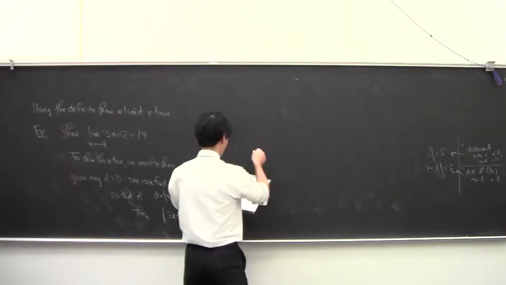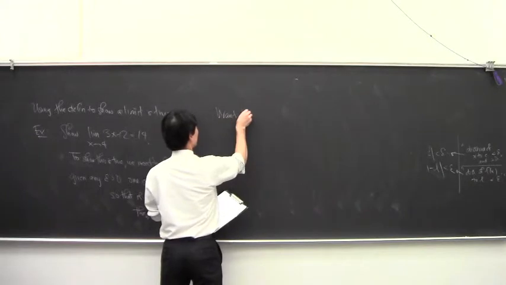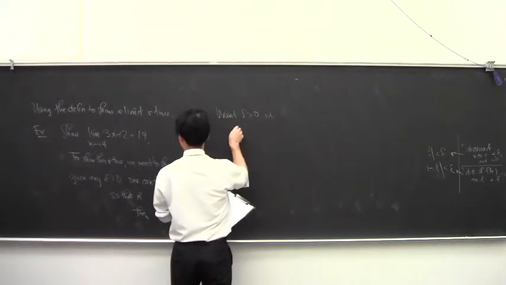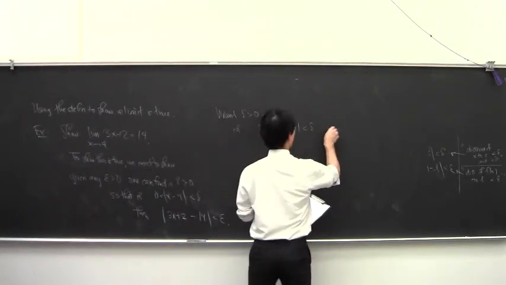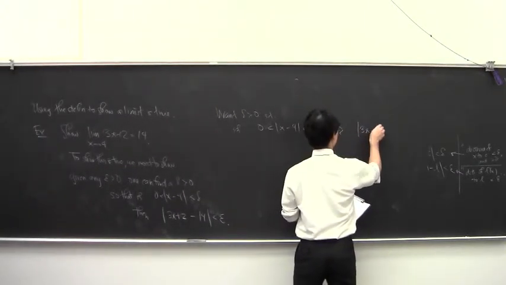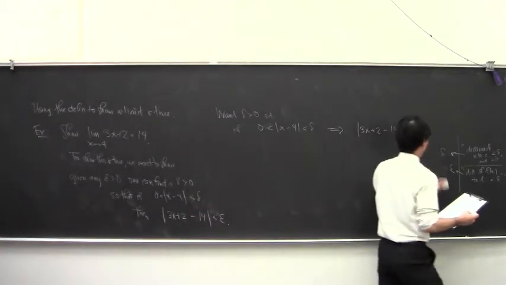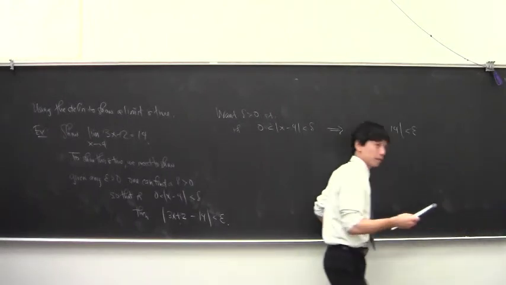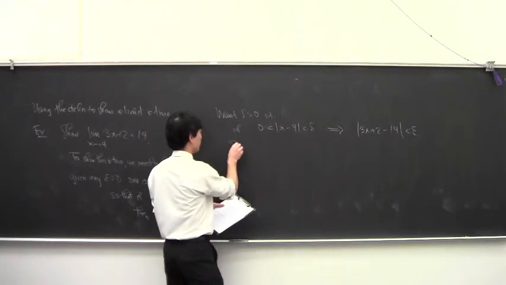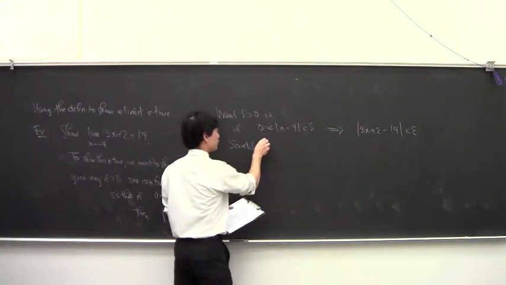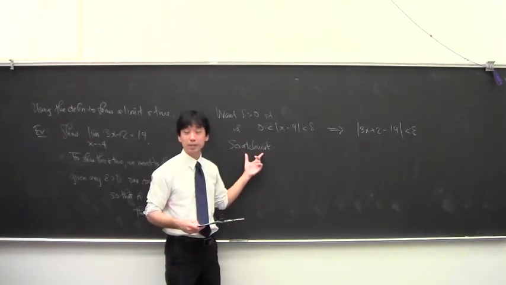So we want delta so that if this, then this. Here's how you do it in your head if you couldn't see what's going on.